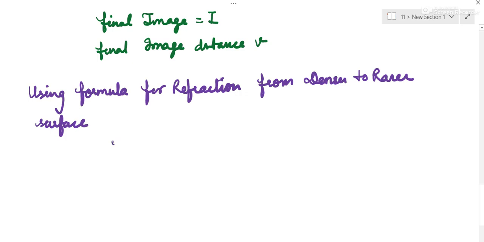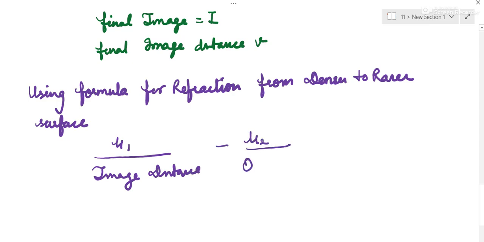We will get the formula we know: mu1 by image distance minus mu2 by object distance is equal to mu1 minus mu2 by radius of curvature.